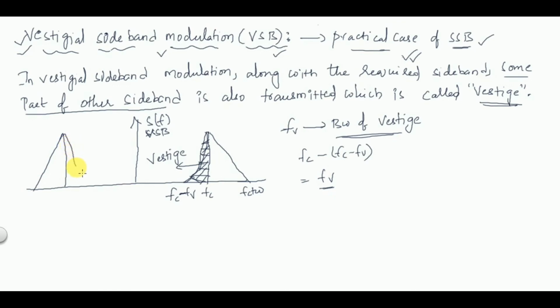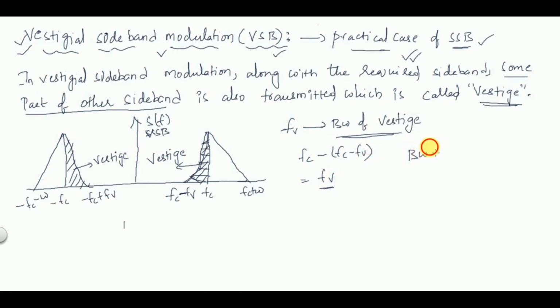If USB is being transmitted, some part of LSB will also be there. So this is minus FC, this is minus FC plus FV, this is minus FC minus W. This part is called the vestige.